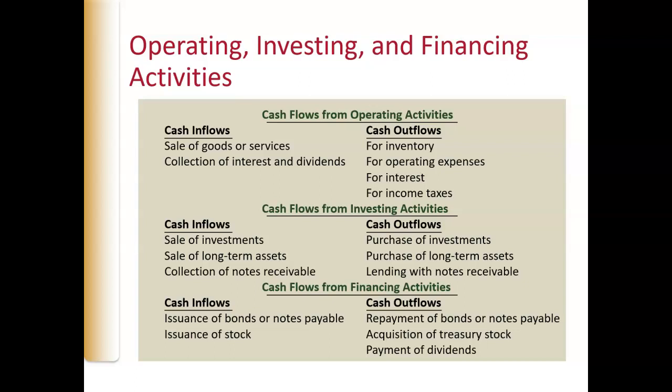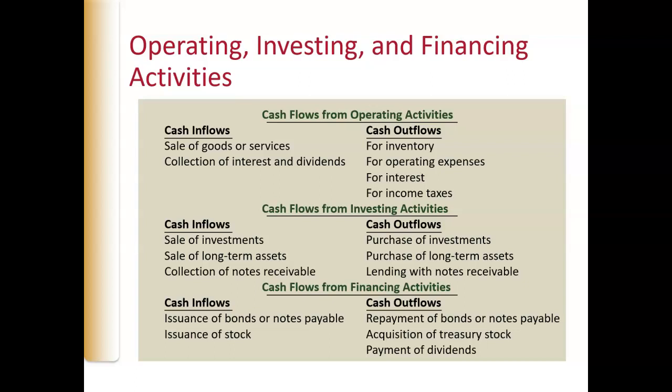We lent somebody money or another company money, and we're receiving that investment, that note. Cash outflows would be the purchase of investments, the purchase of long-term assets, and when we lend money to either a customer or another company with a note receivable.